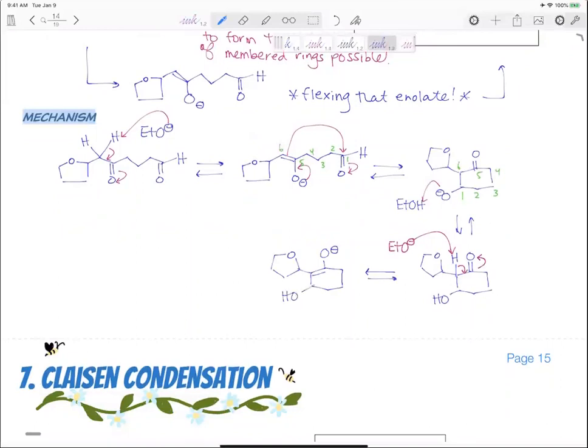And with enolates, are alcohols good leaving groups? No. So we need to push the reaction to completion using heat, right? So this step is where heat's required to push my alcohol out to get this product here. So I get my olefin here. Okay, and that's my final product.